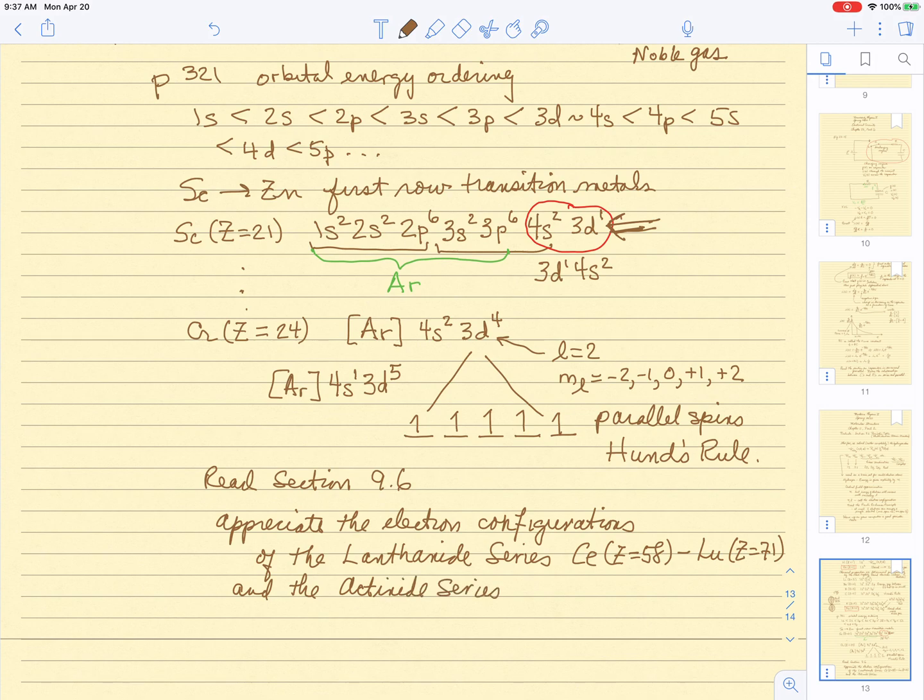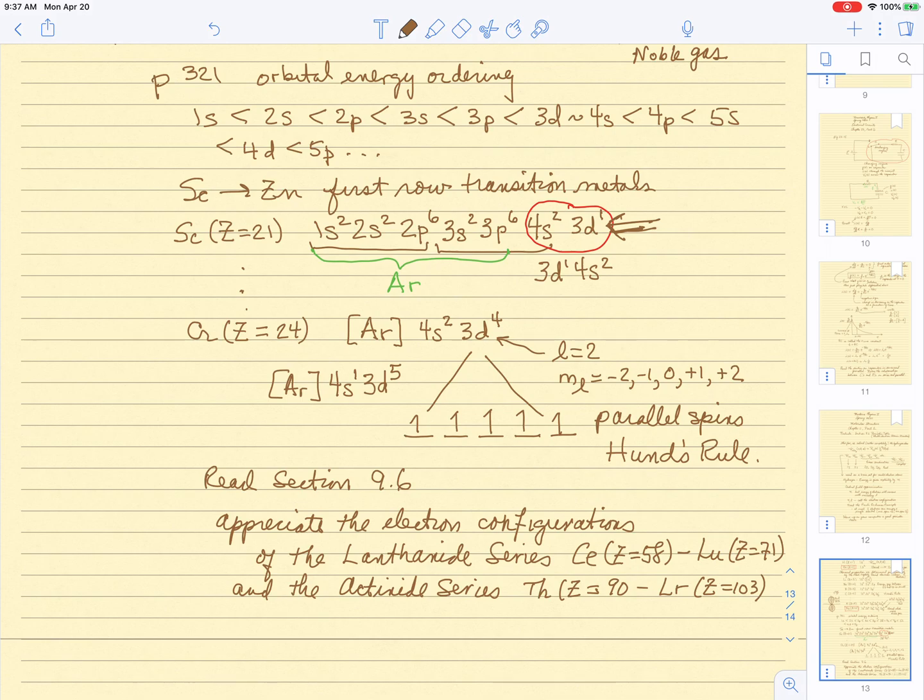That starts with thorium, which is Z equal to 90, to lawrencium, which is Z equal to 103.